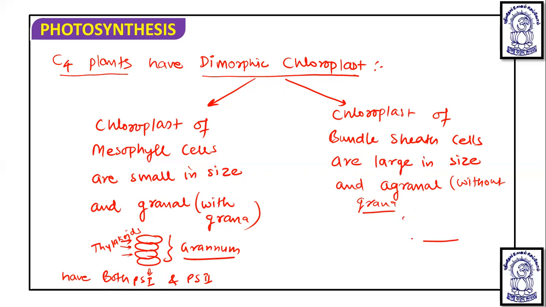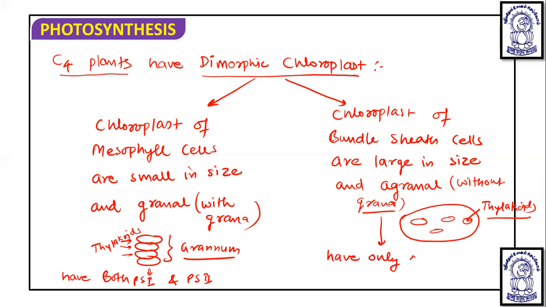Means in the chloroplast, you see, these thylakoids are not present in grana, they are scattered. So these are agranal, or these are thylakoids which are scattered, not arranged over each other, and not forming a granum. So granum is absent, means they have only free surface, only unpressed region. So due to the unpressed region, they have only PS1.